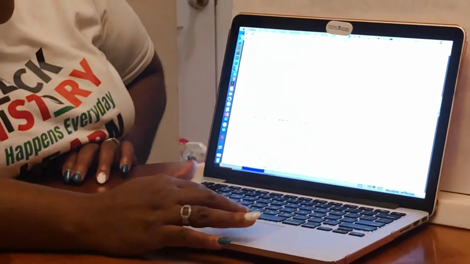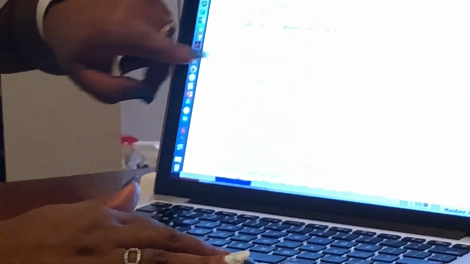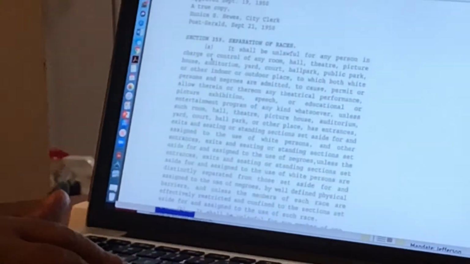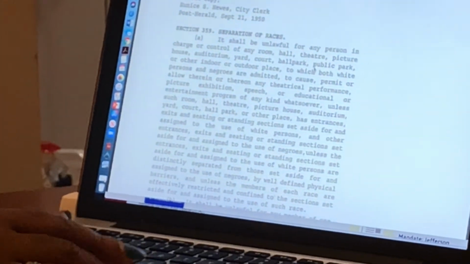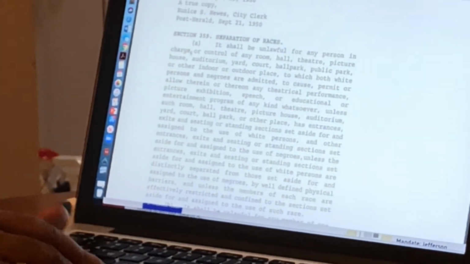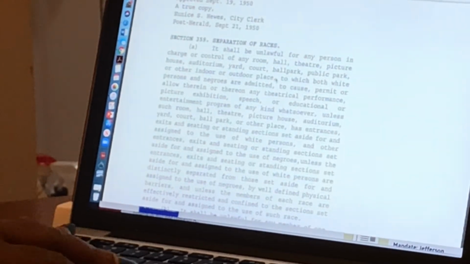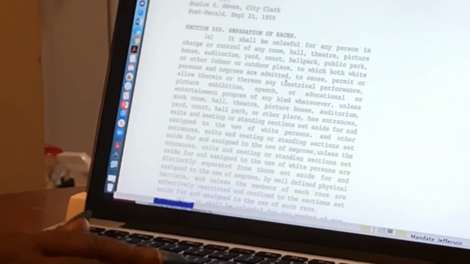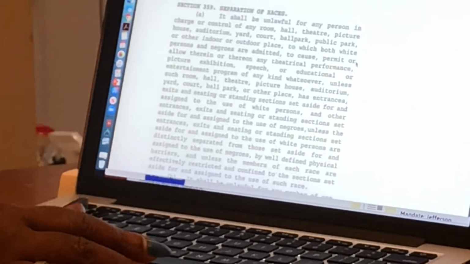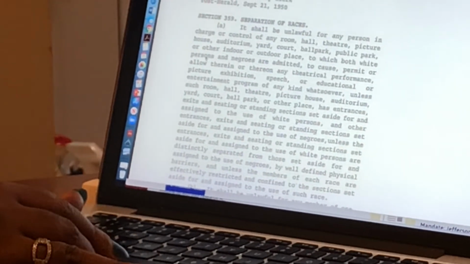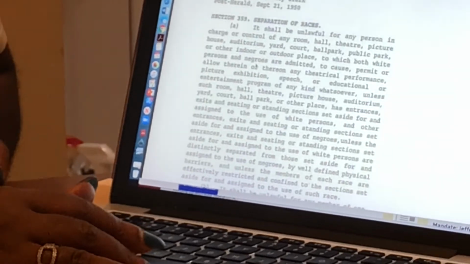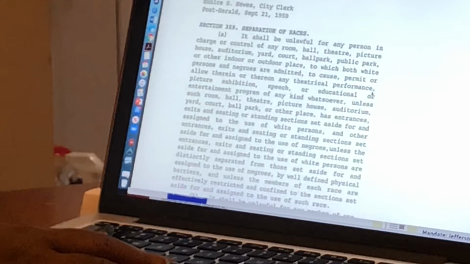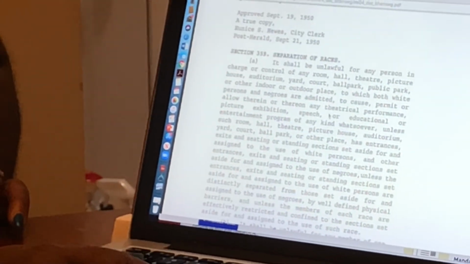There was another one here. Here's another one for separation of races. It's unlawful for any person in charge or control of a room, a hall, a theater, a picture house, auditorium, yard, court, ballpark, public park, or other indoor or outdoor places to which both white persons and Negroes, which is another name they called black people, are admitted to cause, permit, or allow thereon theatrical.